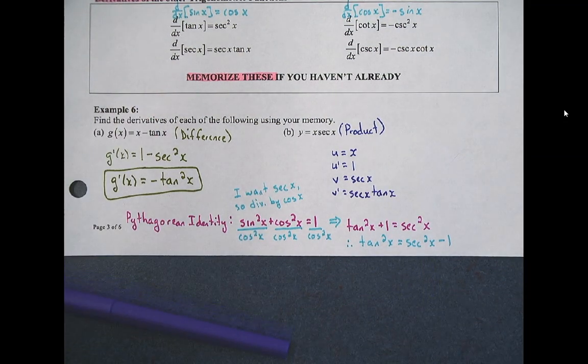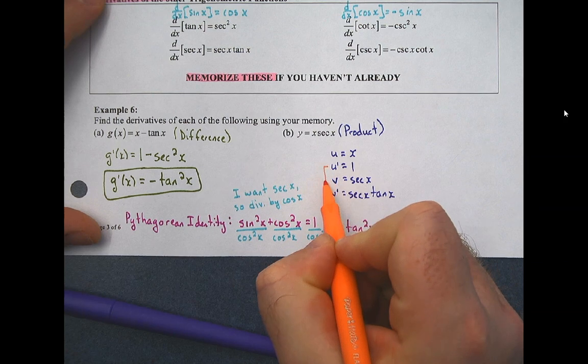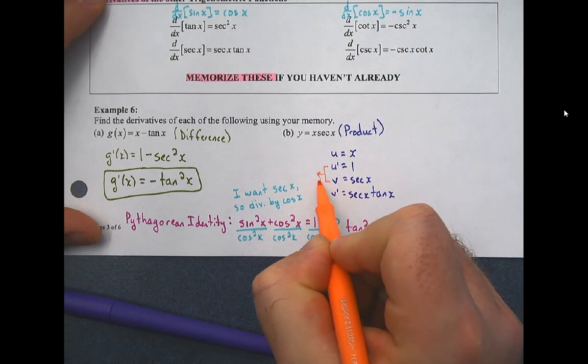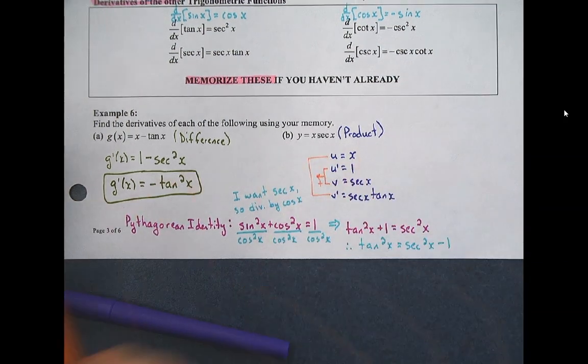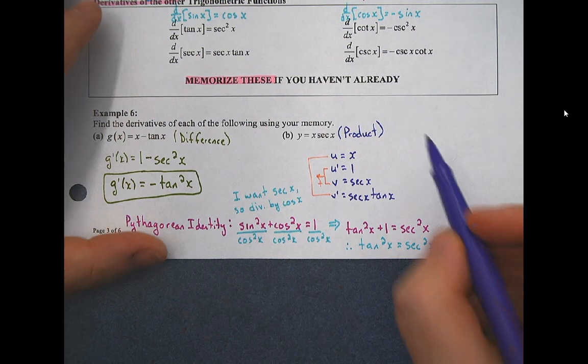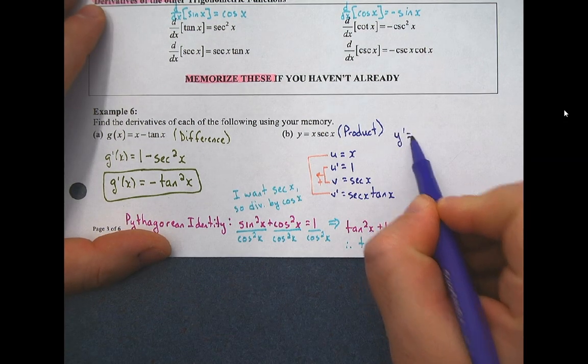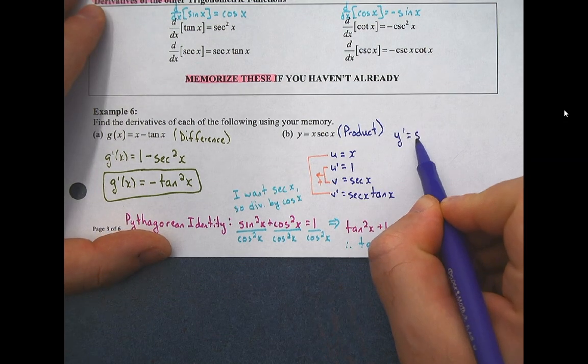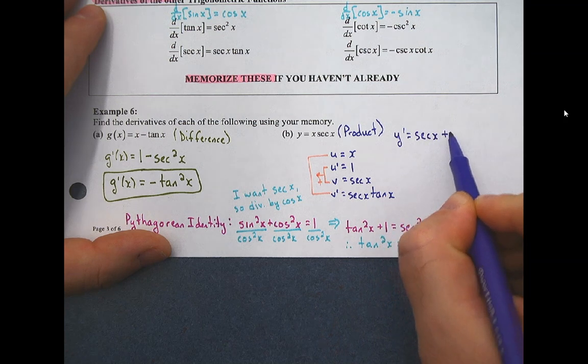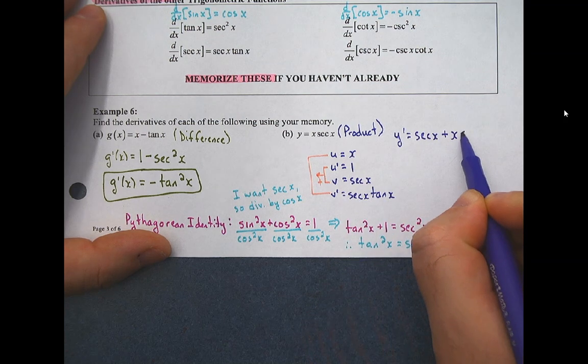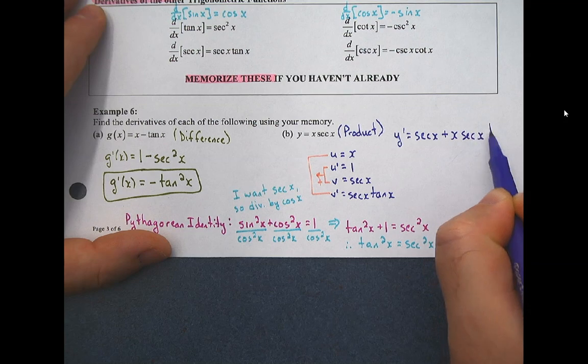Alrighty. This is a product rule, so I'm doing u prime v plus uv prime. So y prime would be equal to 1 times secant, which is just secant, plus x times secant x tangent x.